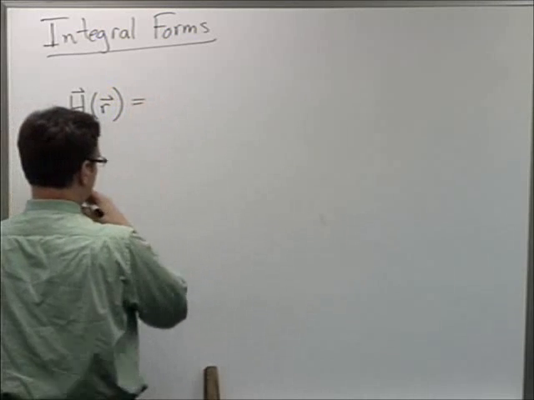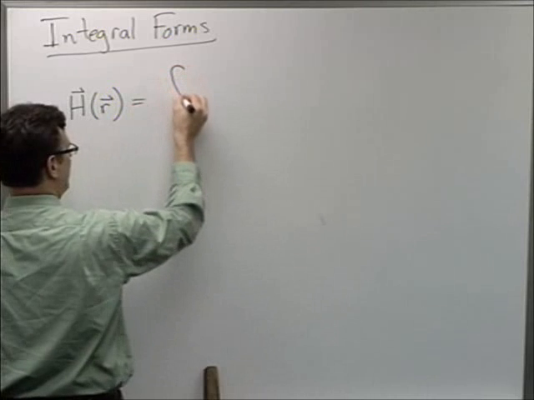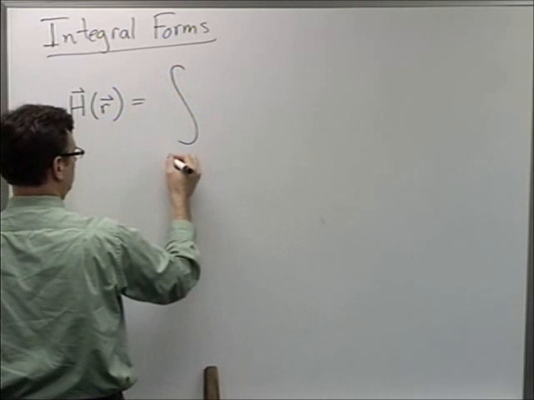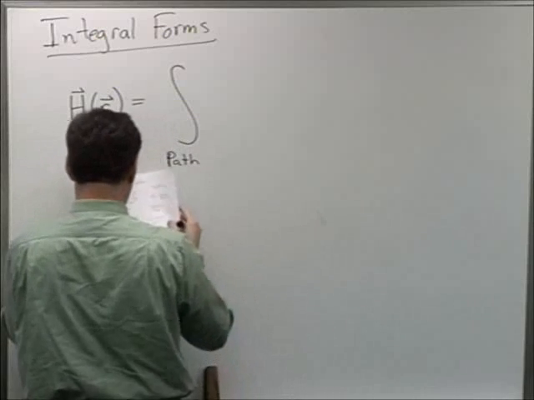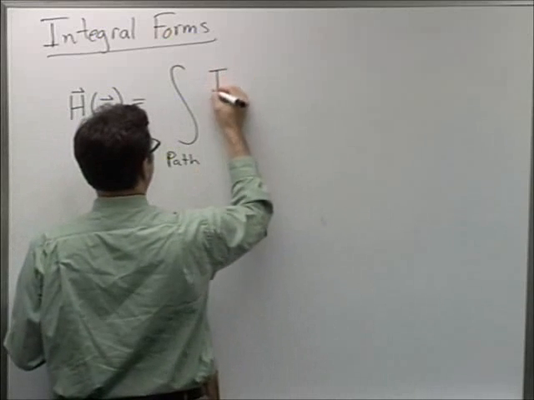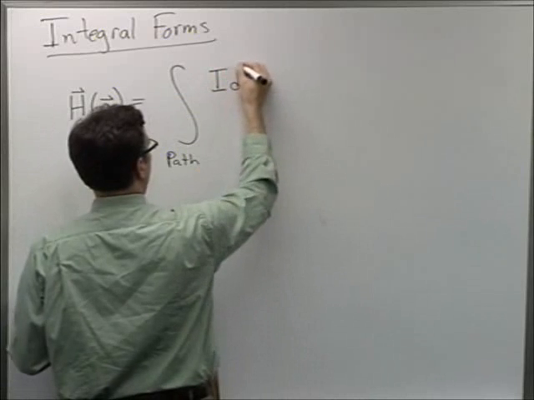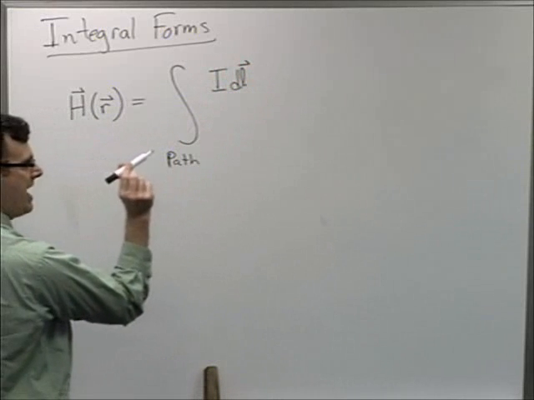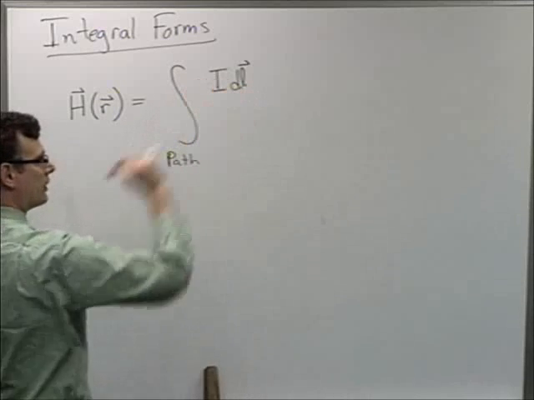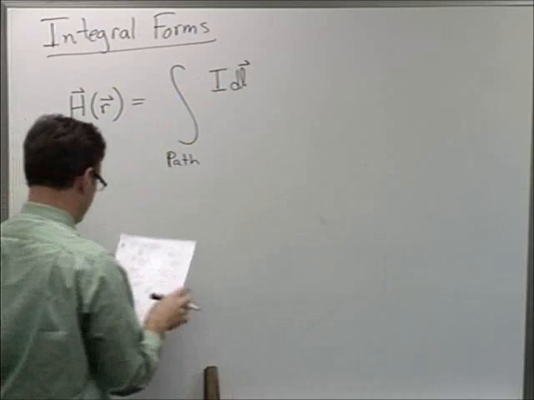Well, if we want to integrate around a path, we can do I dl, where dl is that incremental path element of integration around whatever contour that we've picked.